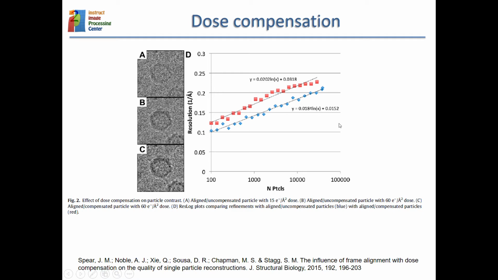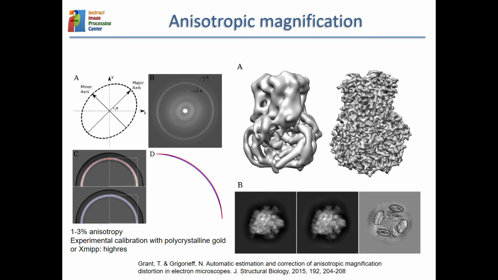And another very interesting thing that we should think of when we are acquiring images is that there might be small differences in the magnification in each one of the directions. The magnification in the electron microscope is determined by electromagnetic lenses and the currents in those lenses, and these currents may not be exactly the same in orthogonal directions.